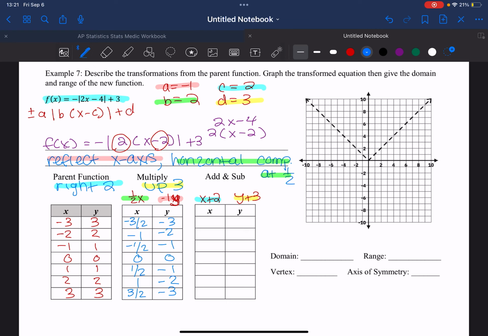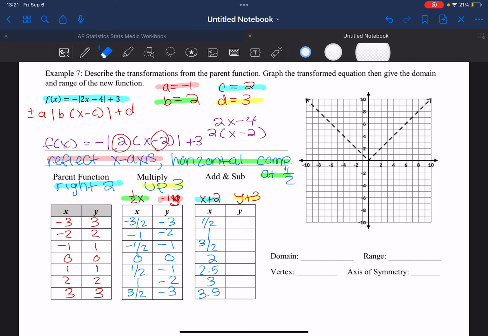Adding 2 is 1/2. -1 plus 2 is 1. -1/2 plus 2 is 3 halves. 0 plus 2 is 2. 1/2 plus 2 is 2.5. 1 plus 2 is 3. 1.5 plus 2 is 3.5.